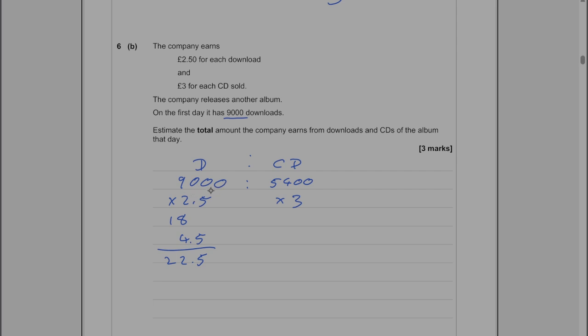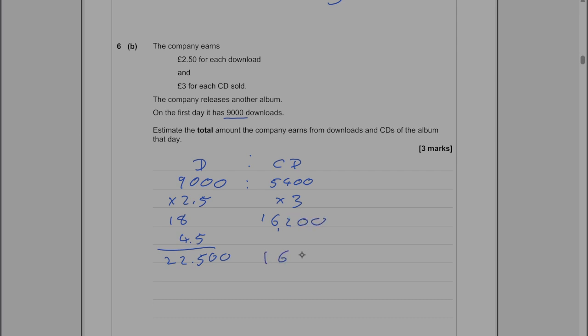We've missed off the 3 zeros, so we would need to add 2 more zeros. And then, 54 times by 3 is going to give us 162. Just double check that. 5 times 4 is 12. 3 times 4 is 12. 3 times 5 is 15, plus the other one is 16. And then I need to add on 2 zeros.